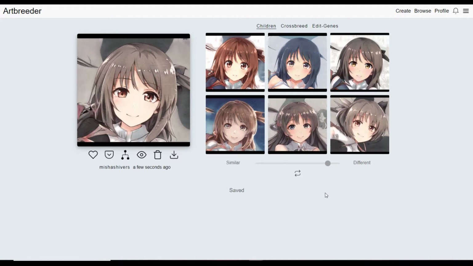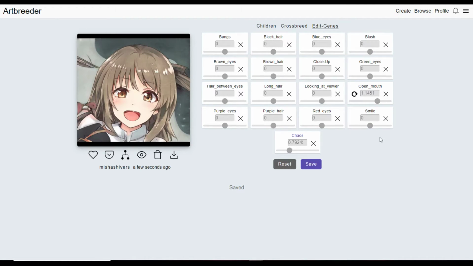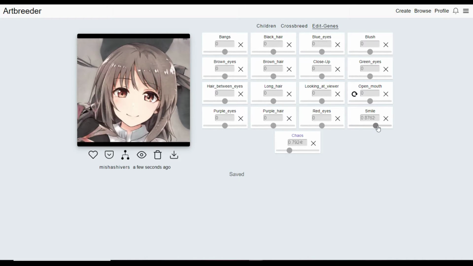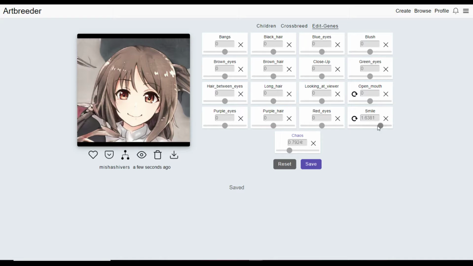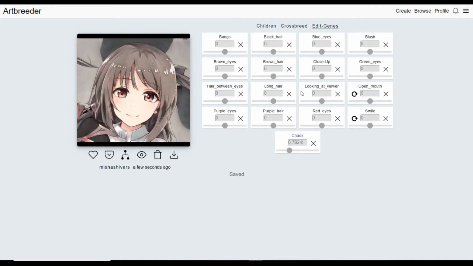I won't spend too long on this, but the genes here are kind of interesting. Like you can open her mouth or close her mouth, or make her smile more, or make her smile less. You know, that sort of thing.